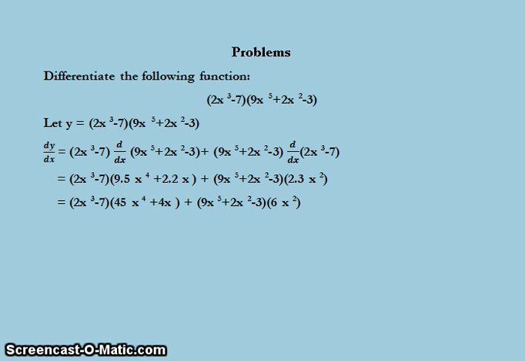On simplification we have (2x^3 - 7) into (45x^4 + 4x) plus (9x^5 + 2x^2 - 3) into 6x^2, which can be further simplified as 90x^7 + 8x^4 - 315x^4 - 28x + 54x^7 + 12x^4 - 18x^2, which can be further simplified as 144x^7 - 295x^4 - 18x^2 - 28x.